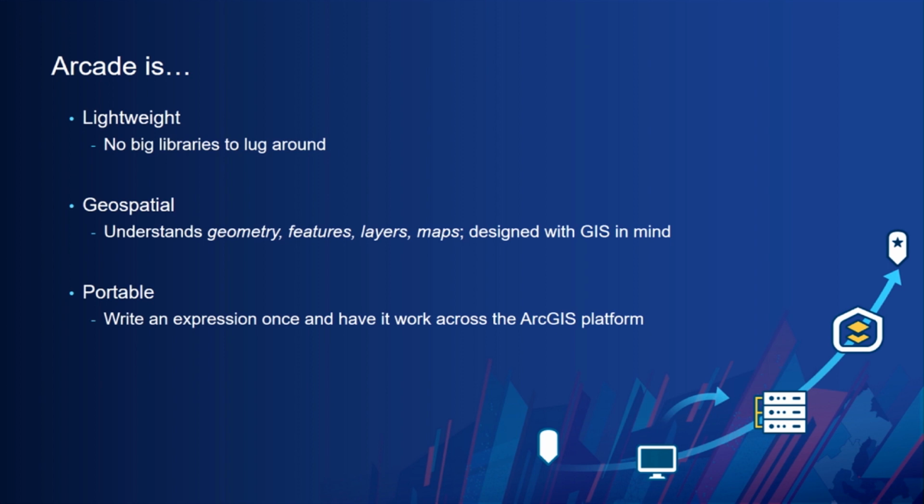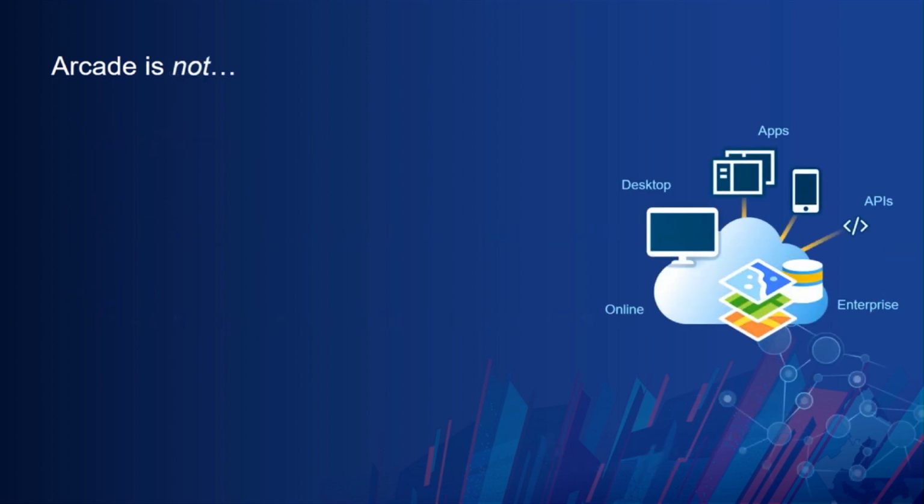That leads me to my next point, which is that it's important to consider what Arcade is not. Arcade is not Xamarin. Arcade is not for writing standalone programs. We just use it to write expressions, again something that's going to evaluate to a value. We're going to get that value back and do something with it.